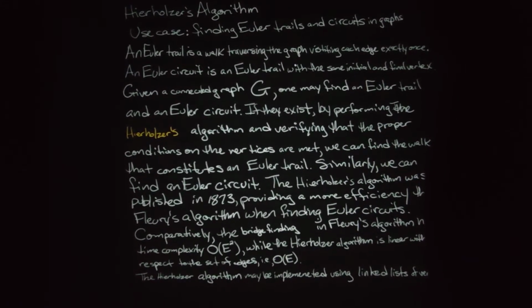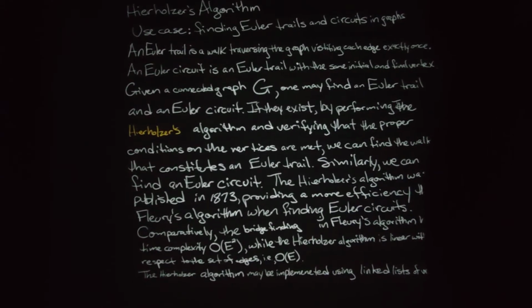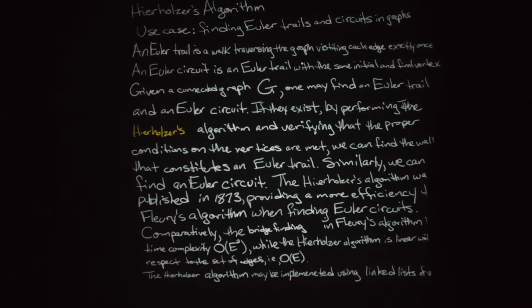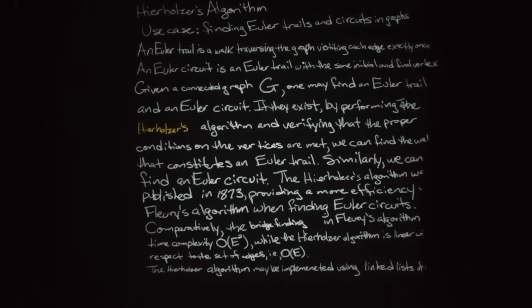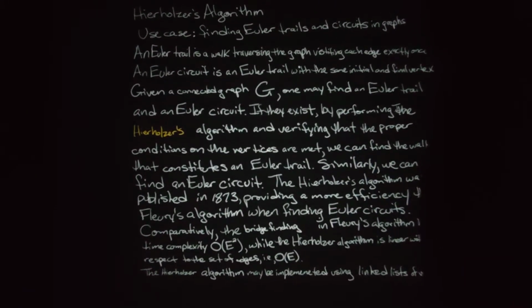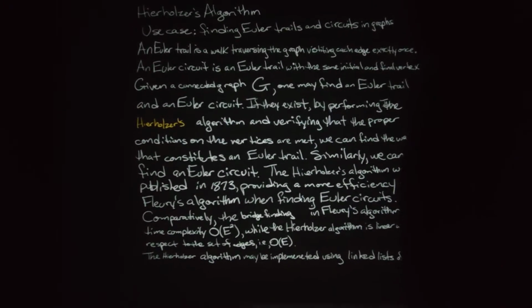Now, if you have all even vertices in these planar graphs, say your graph is given to be planar, we can find a Eulerian trail.